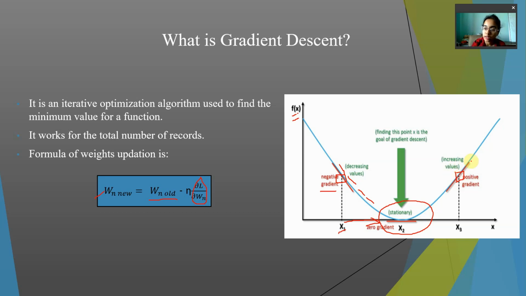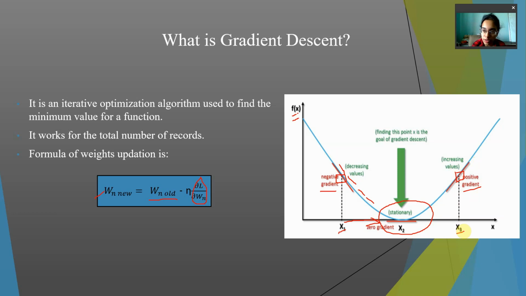So this is actually the positive gradient. Now let x3 be the point where our weight is initialized, right? Since it is a positive gradient, what will the derivative term be? The derivative term will be a positive value.